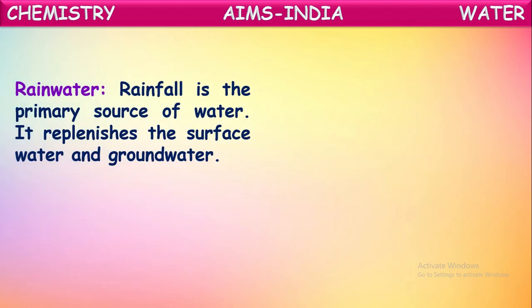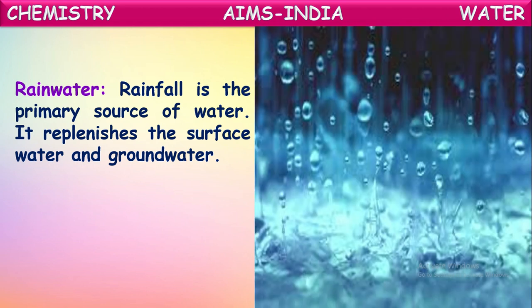One more, rainwater. It is also one of the important sources of water. Rainfall is actually a primary source of water. It replenishes the surface water and groundwater. So it will be continuously replenishing the surface water and groundwater because we get rain every time seasonally.